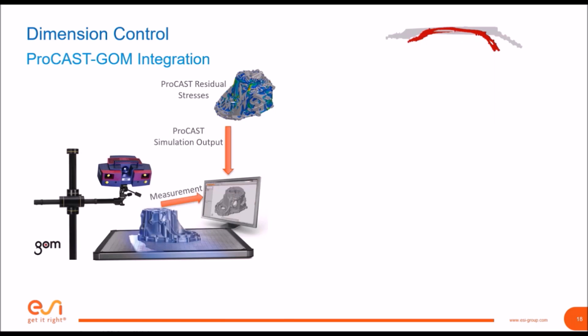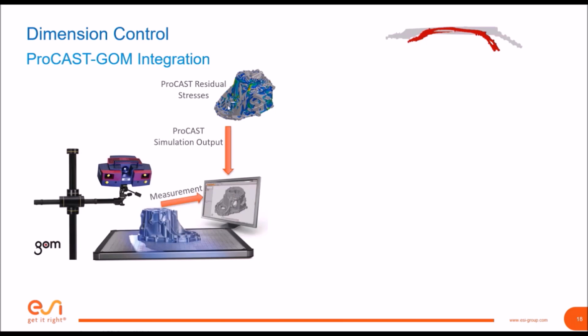That itself is a topic. But what we are showing over here is an idea to integrate together with the GOM system. The GOM system, or these 3D scanners, are quite standard in the industry. These as-cast parts are measured with these scanners, and there is also software provided which takes these points and forms this part.